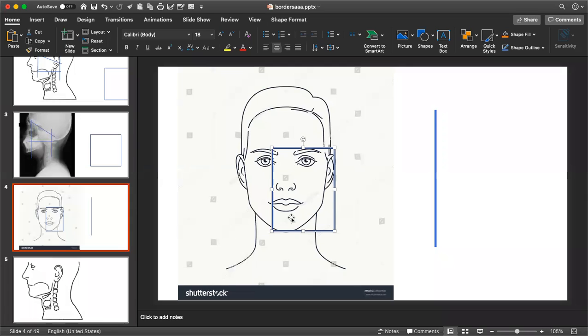Now coming to the inferior border. The inferior border is again the same, 1 centimeter below the floor of the sinus. Might as well go along the lateral border, sorry, the angle of the mouth.